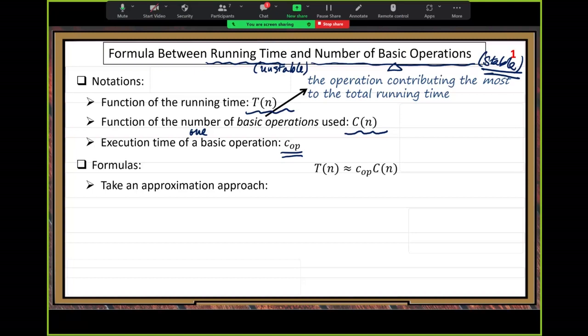The approximate comparison is T of n approximately equal to little c op times C of n, the number of basic operations. That's the relationship between the capital T function and the capital C function: one small constant connects these two functions.